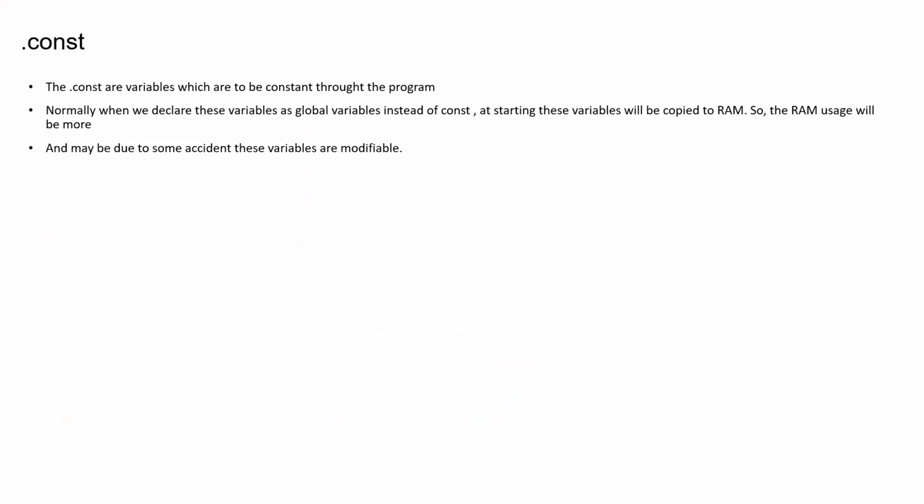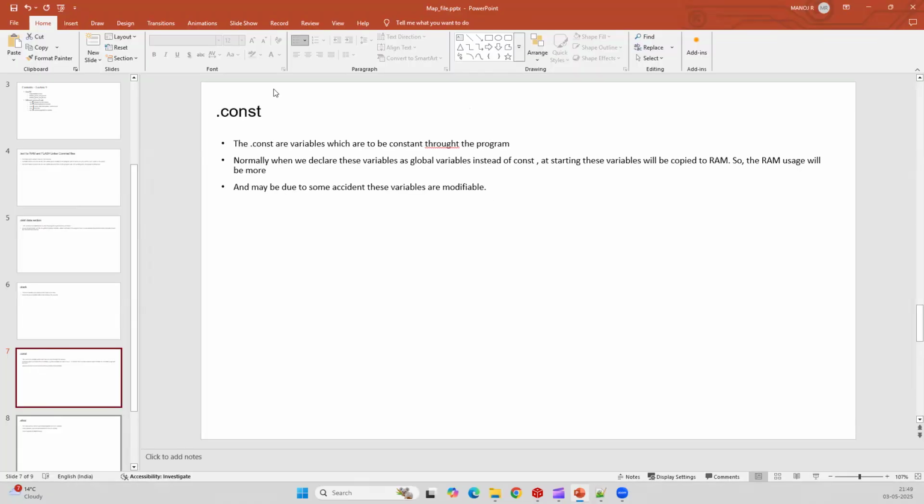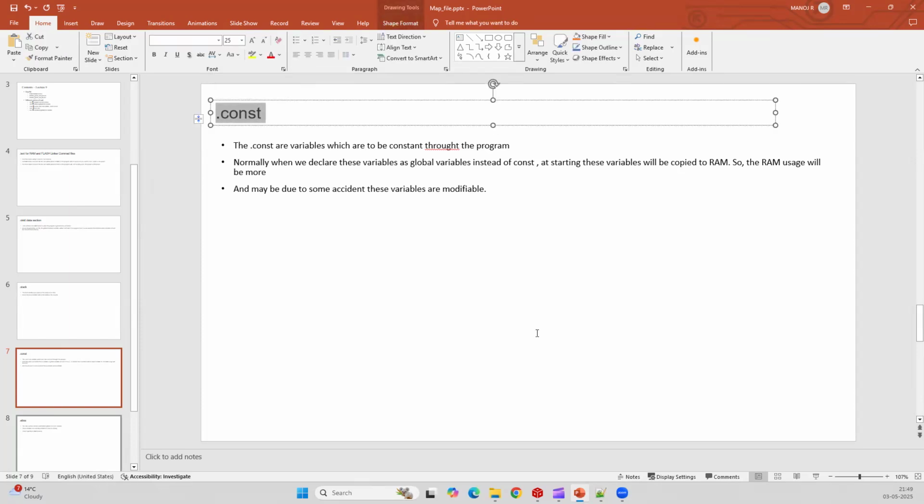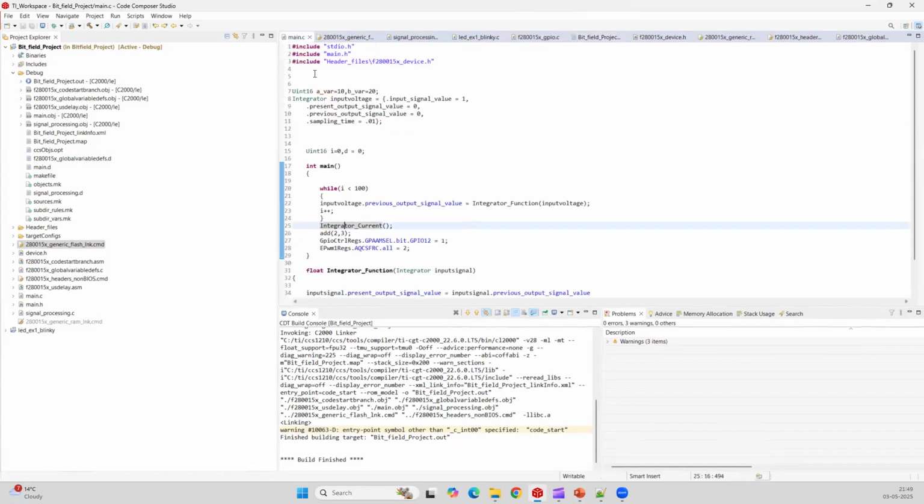But there is a purpose why you want to use const instead. As we had seen just before, when you have a global variable, it will get stored into RAM, so the RAM usage will be more, and there is also some chance by which the variables are modifiable. But the moment you use the .const, you can see it will not be a part of RAM at all. It will be a part of the flash itself.